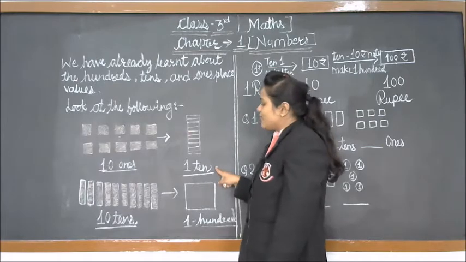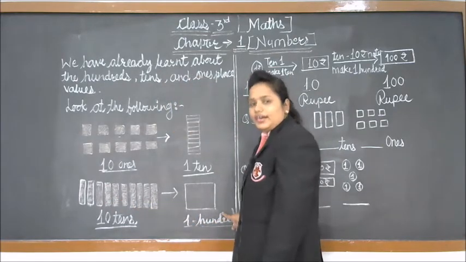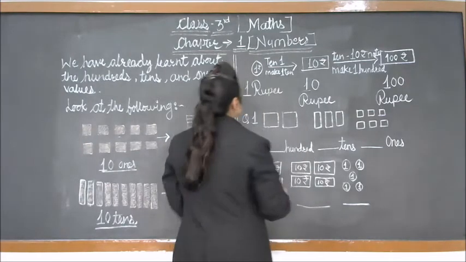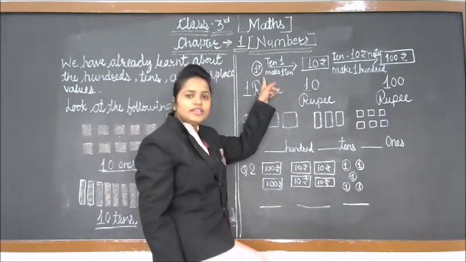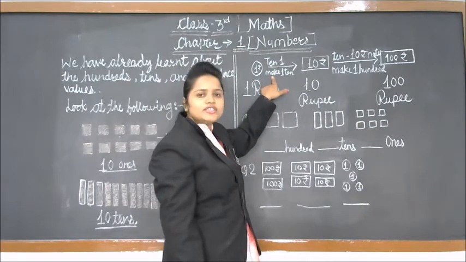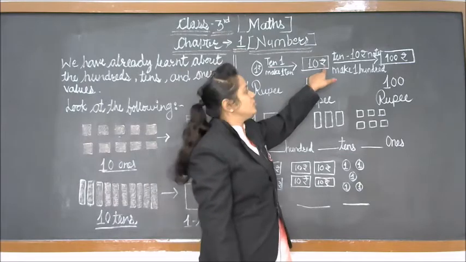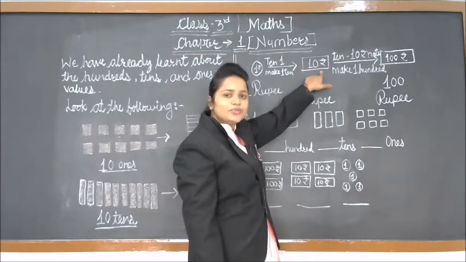If we have 10 tens here, it will become 100, students. Like this, if we have 10 one-rupee coins, they will convert into a 10 rupees note. It will convert into a 10 rupees note.